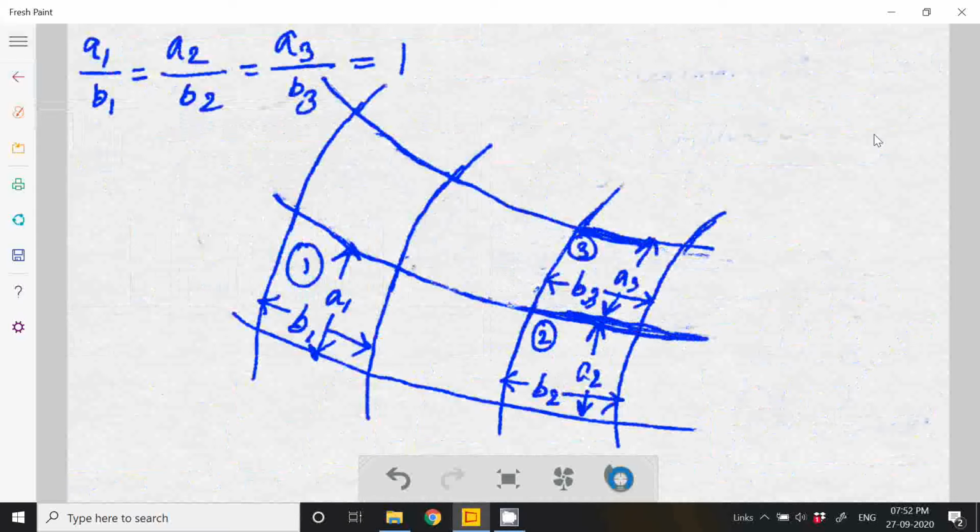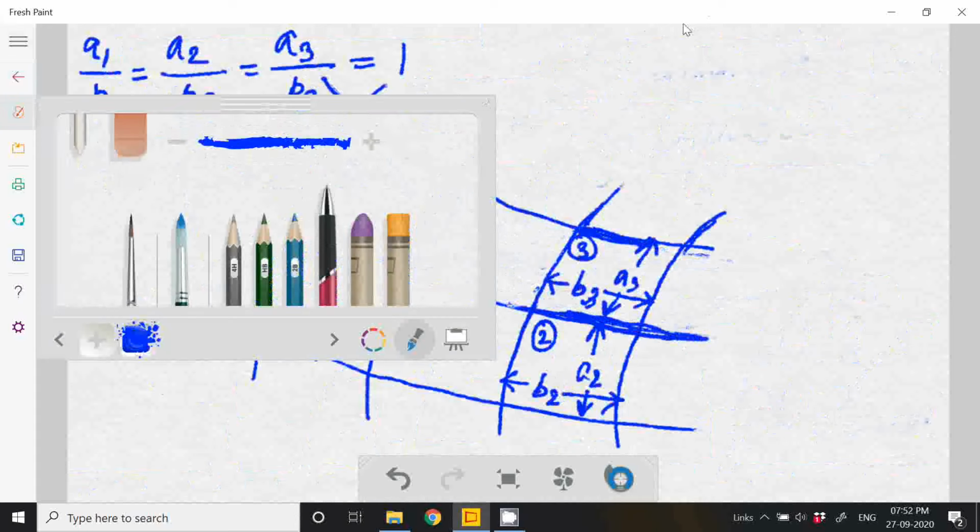And then let me now take into account the flow which is happening through field 1, field 2 and field 3.